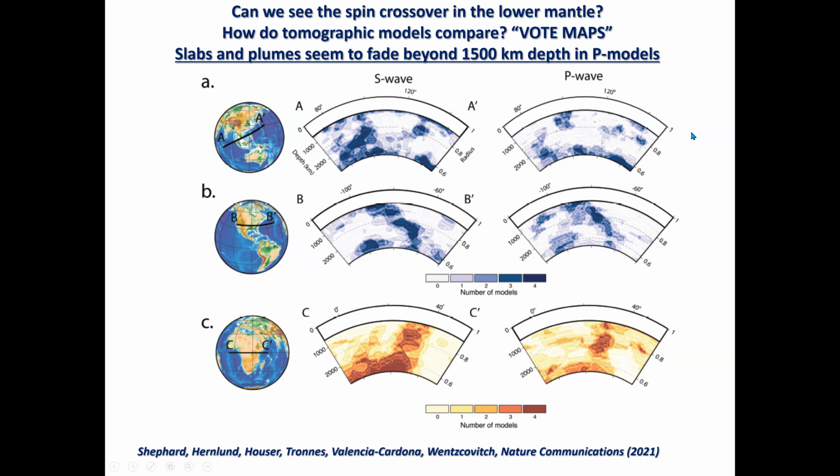They fade because the velocity heterogeneity is not large, or because there is no agreement between the models, most likely because the heterogeneity is really smaller, and that is really true. So in vote maps, these heterogeneities fade in the P-wave model, as we expect from a spin transition.